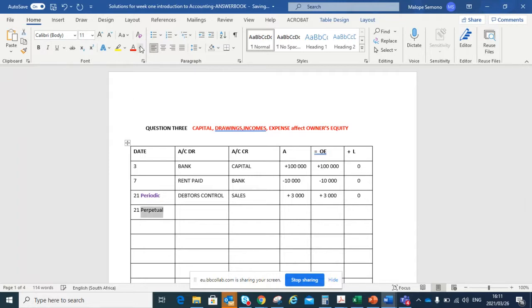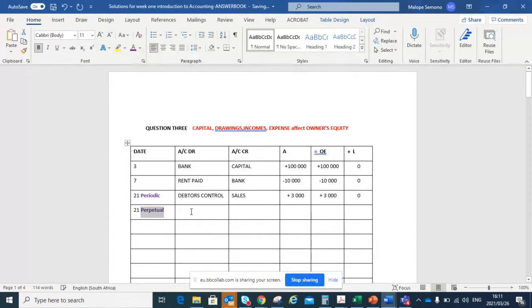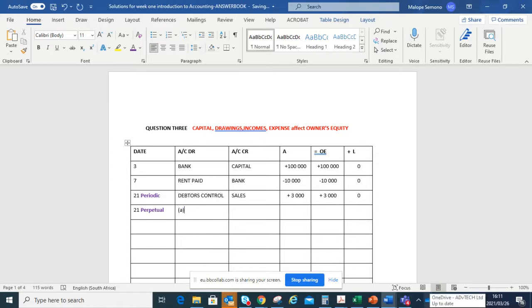So this is the perpetual one. Let me just change the color again. Can you see? What if it's perpetual? So perpetual will have the A part. Let me just write this A here.